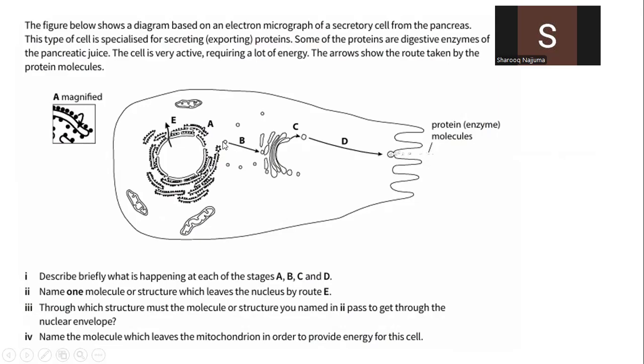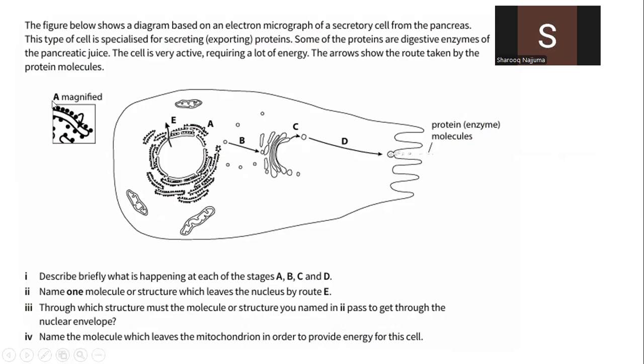Then we have B. B is showing us we are having a vesicle moving to join this structure, the Golgi body. So you need to be able to identify the different organelles. Like in this case, I expect you to be able to identify the Golgi body, which is here, to be able to identify the rough ER, which is here, to be able to identify the vesicles.